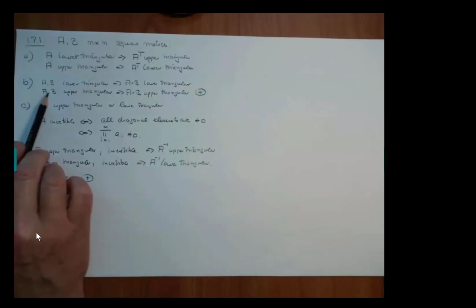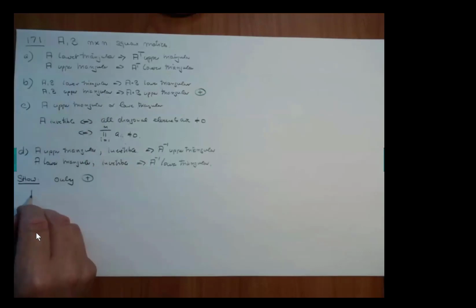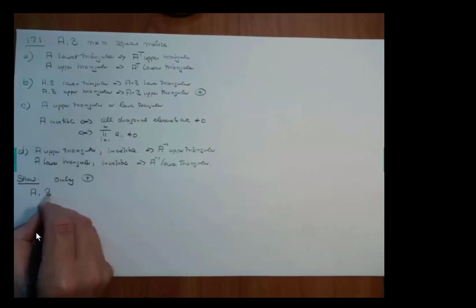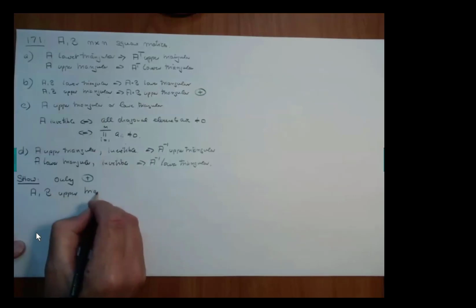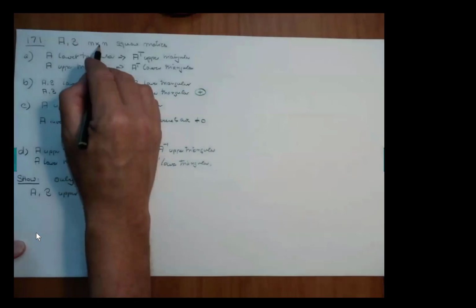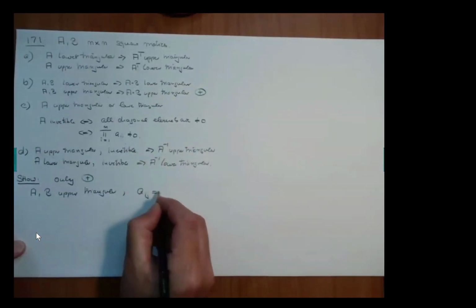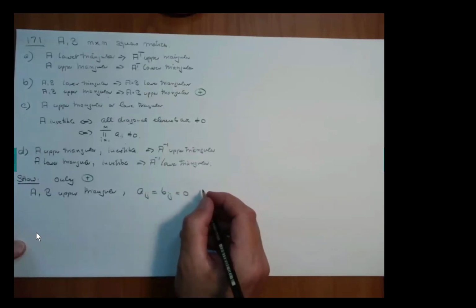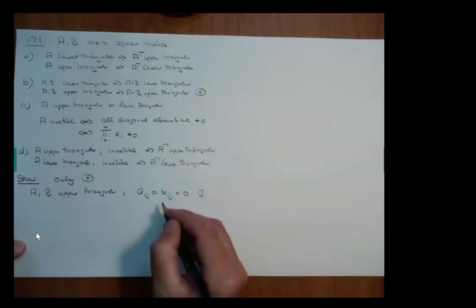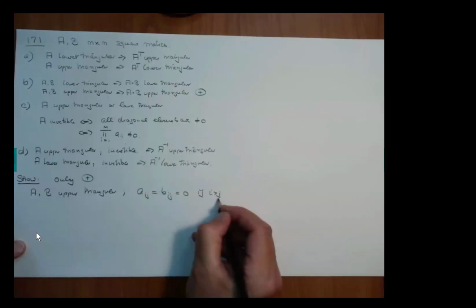So here we assume A and B upper triangular, no? Keep in mind they're always n by n. So that means a_ij is equal to b_ij is equal to 0 if you're below the diagonal. Means the row index is larger than the column index.